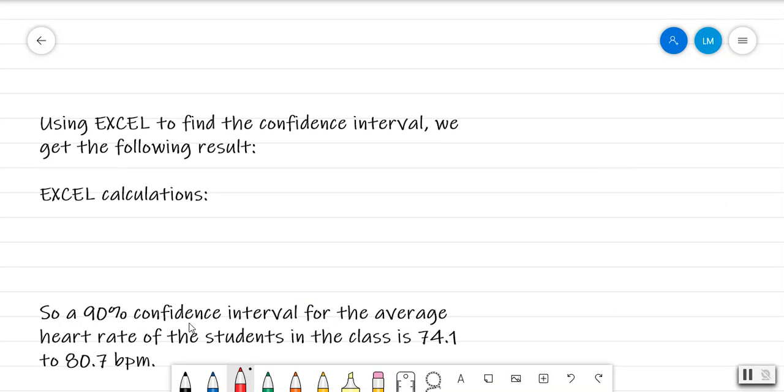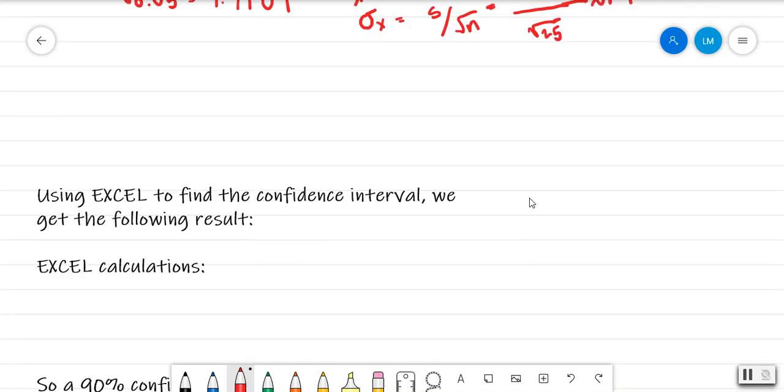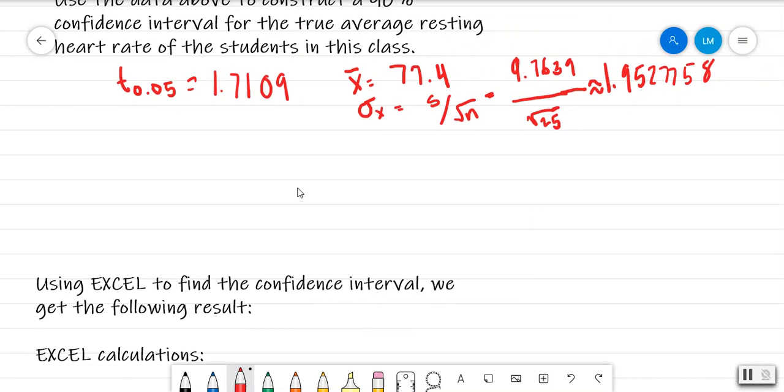So we have that the mean is 77.4, and I'm just going to put minus, that way we do all this in one, 1.7109 multiplied by the standard error, which is 1.9527758.